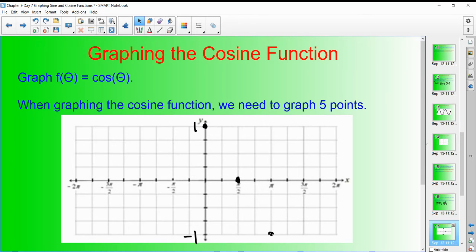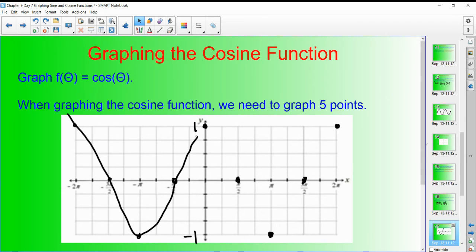Then at pi, then at 3 pi over 2, and at 2 pi, we repeat. I like to think of it as high, middle, low, middle, high, and it cycles back, middle, low. I can do as many cycles as I want. Generally, I like to graph at least one cycle, a lot of times two, and put the curve through it.